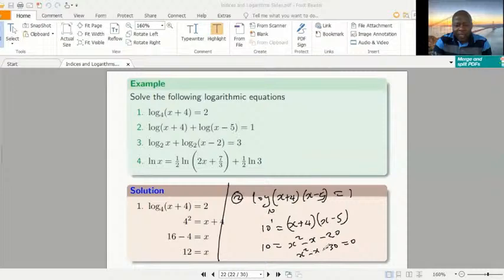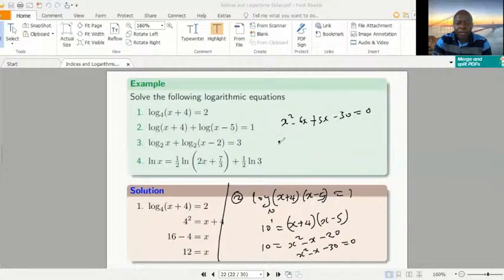And this can be factorized. We look for two numbers whose product is negative 30 and whose sum is negative 1. Those numbers are negative 6 and positive 5. So x squared minus 6x plus 5x minus 30 is 0.